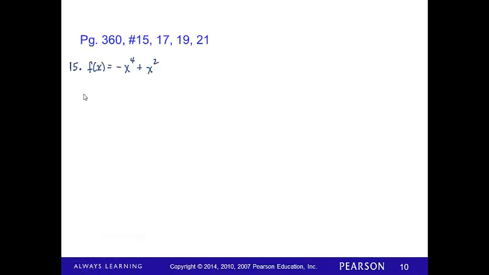Well, to first determine the end behavior, we need the leading coefficient and the degree of the polynomial. So the leading coefficient is a negative 1, and the degree of this polynomial is 4. So our degree is even, and our leading coefficient is negative.